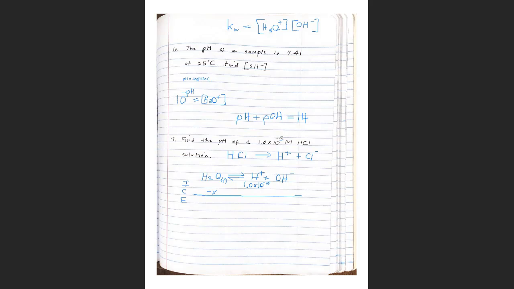And the initial concentration of hydroxide is 0. So this is going to be plus X, and this is going to be plus X. And so you end up with 1.0 times 10 to the negative 10th plus X.